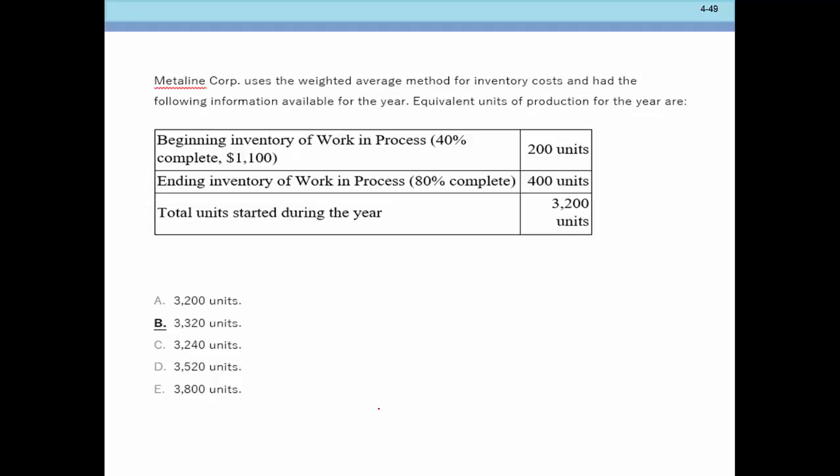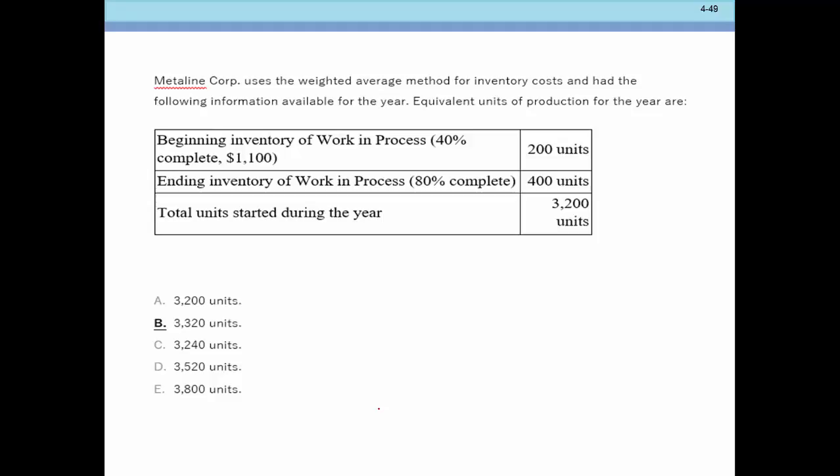So what do we got here? We've got this information that they had beginning inventory 40% complete, and they had ending work in progress for the period of 400, and then the total units started during the year is 3,200.